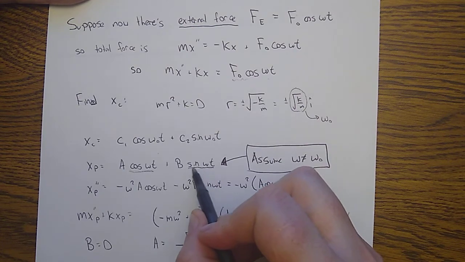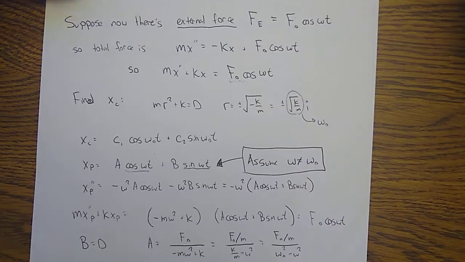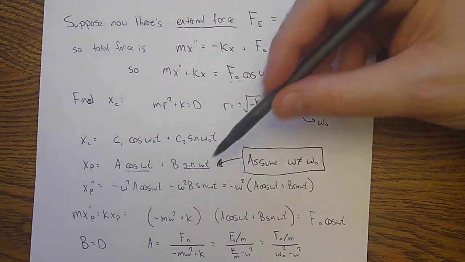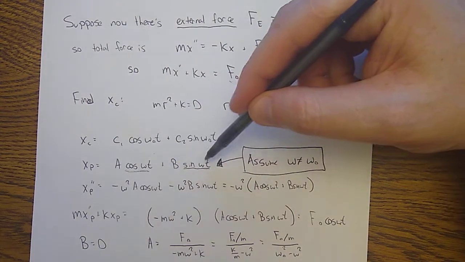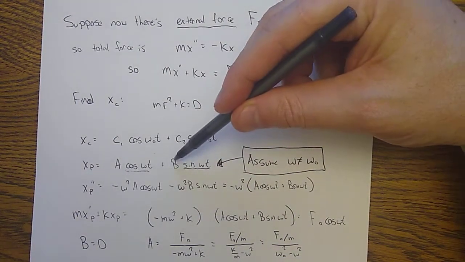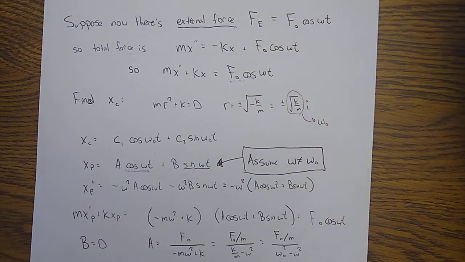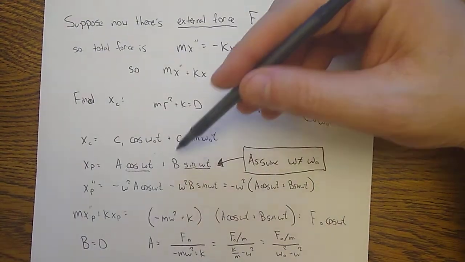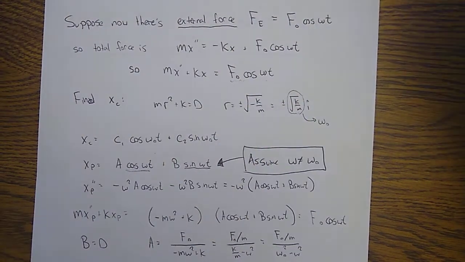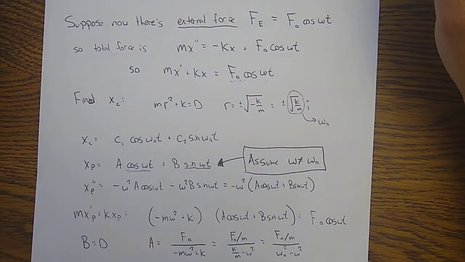So if I have a cosine omega t, I should probably also have a sine omega t. In the book, they just skip this part. And in fact, we are going to find, in the end, that b is 0. But I like to have that there, just because I don't think it's entirely that easy to see that b should be 0 just from here. We'll do the work to show that b is 0.